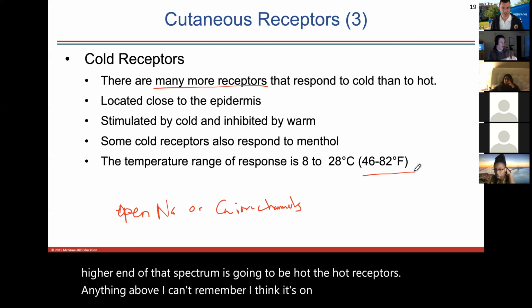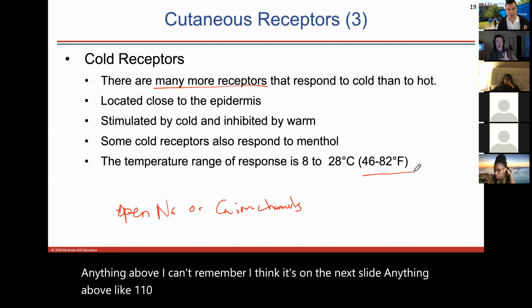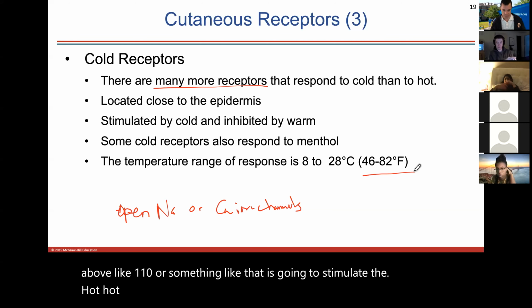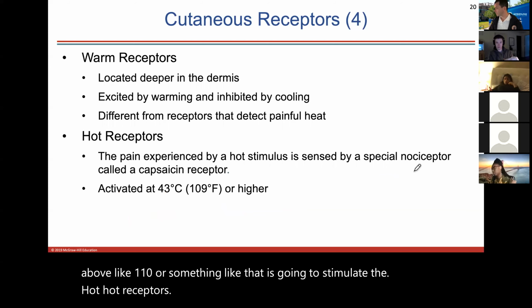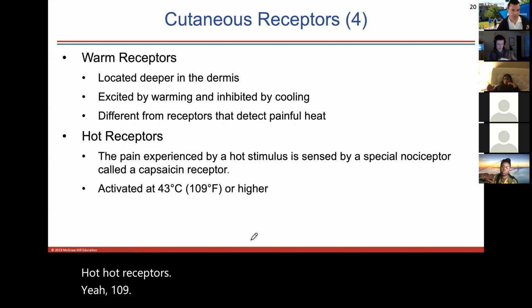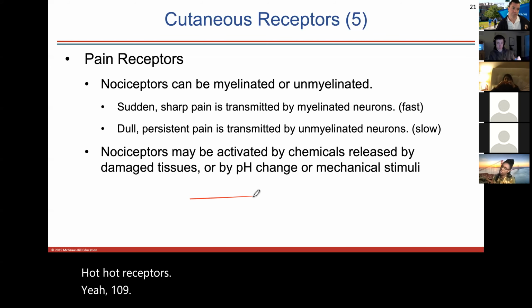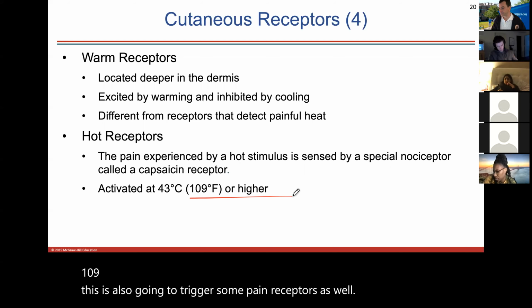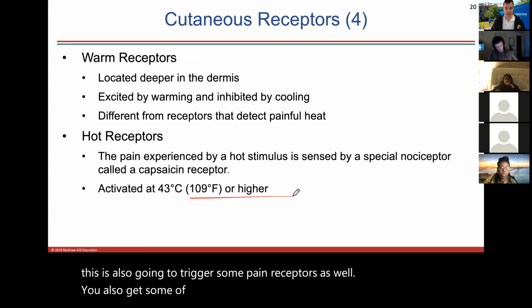Anything above like 110 or something like that is going to stimulate the hot receptors. Yeah, 109. This is also going to trigger some pain receptors as well. So you also get some of the nociceptor activation with this one as well.